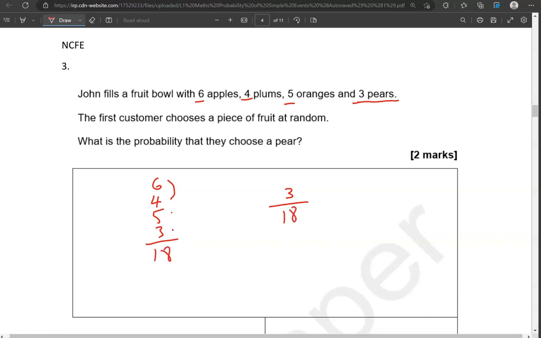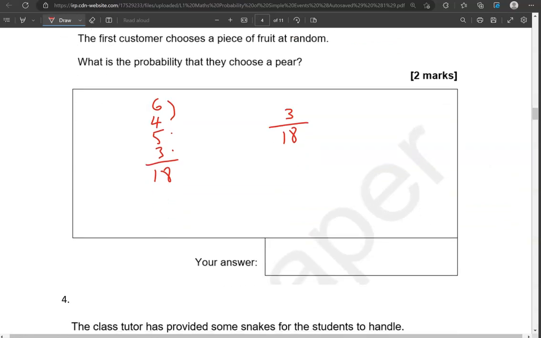So 3/18. Again, the question isn't asking us to simplify it, so we're just going to write it as it is. But if you want to simplify, then you'd get 1/6.